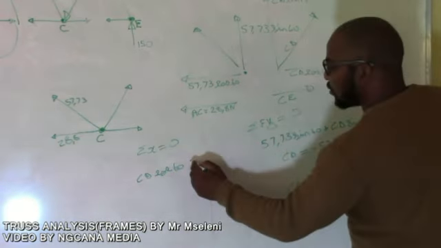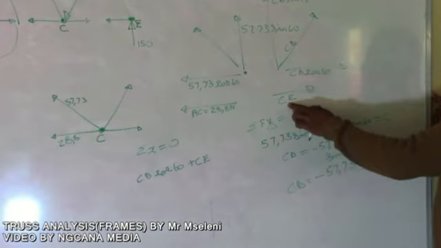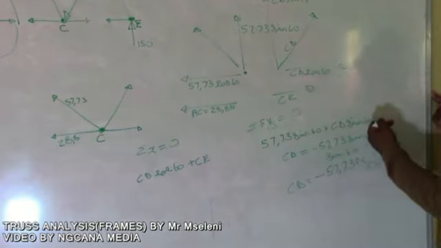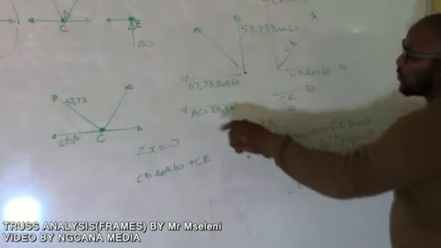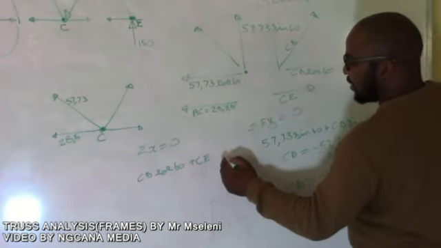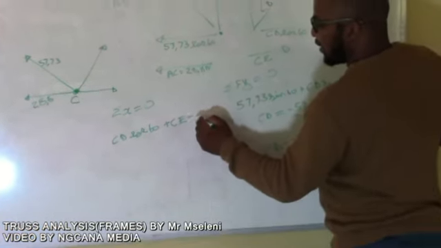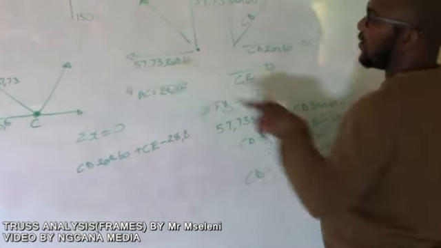And then we also have plus our CE, which is going in the same direction. And then we have our AC, going in the left-hand direction, which is minus 28.8.